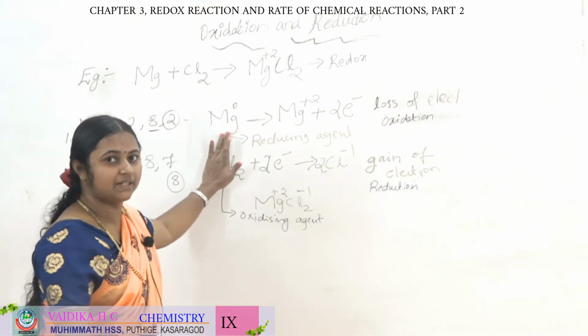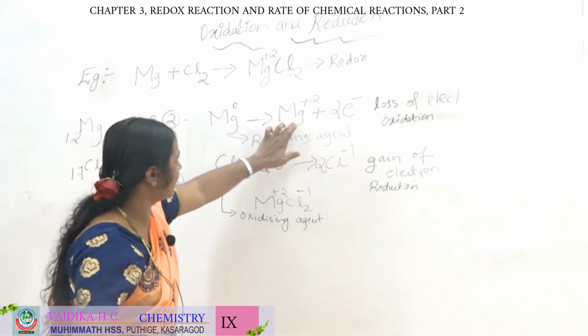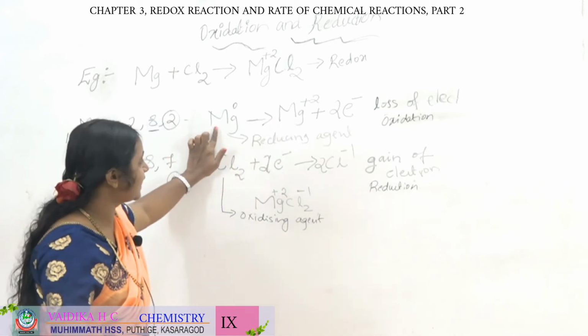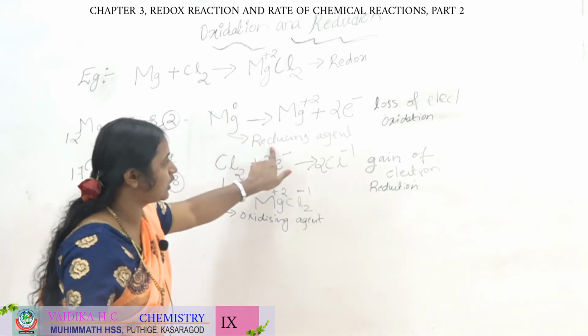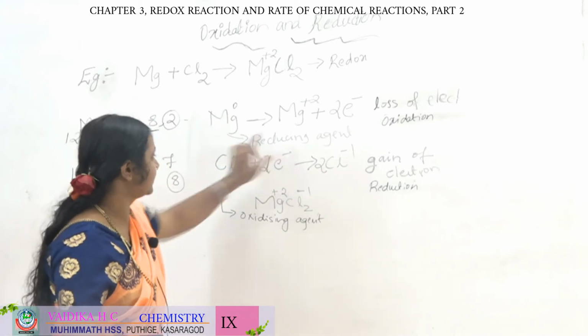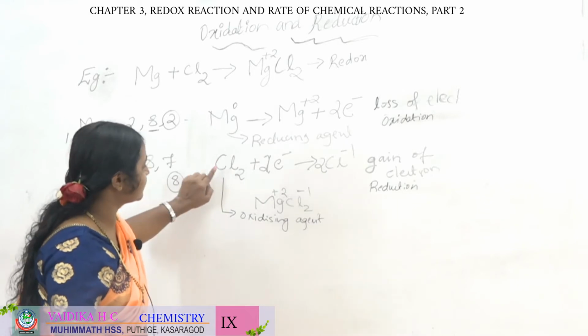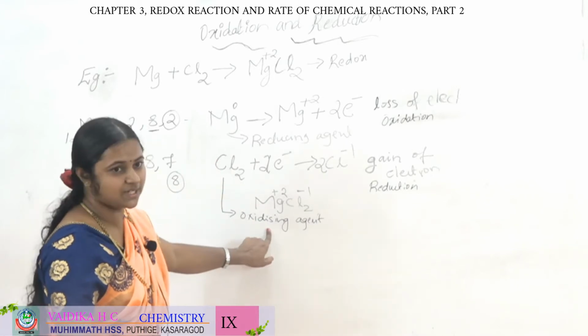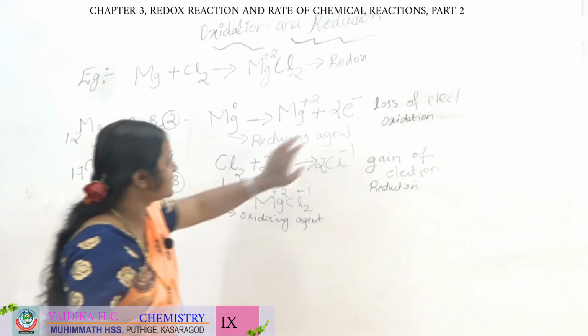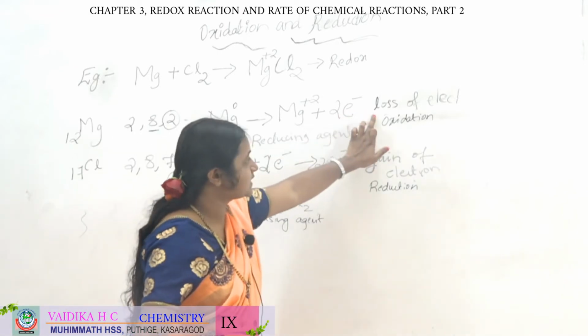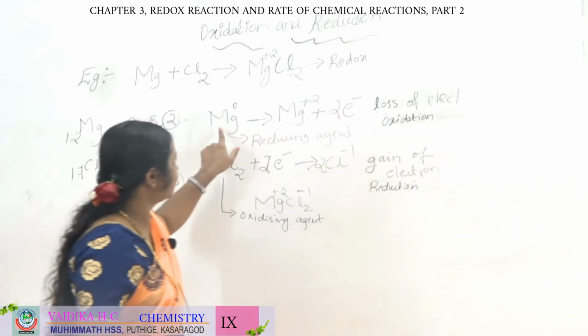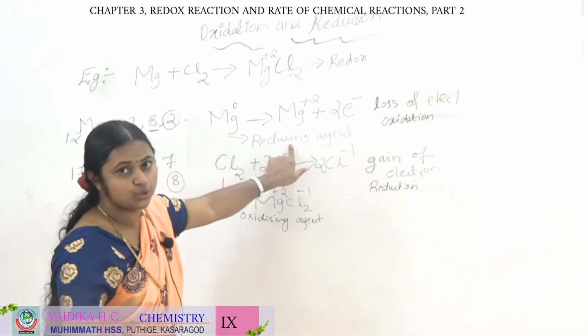Here magnesium loses the electron, so this magnesium atom is called the reducing agent, and chlorine gains the electron, so this chlorine is called the oxidizing agent. See, here the process is oxidation but the atom is the reducing agent.